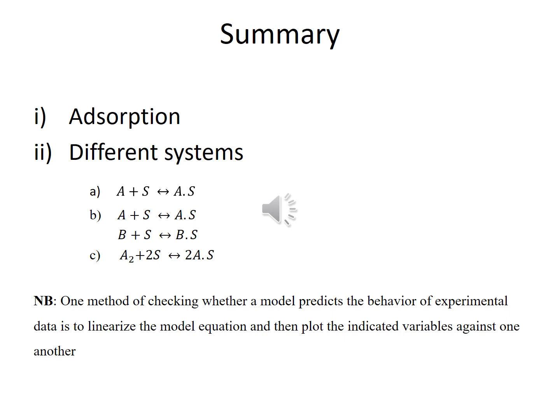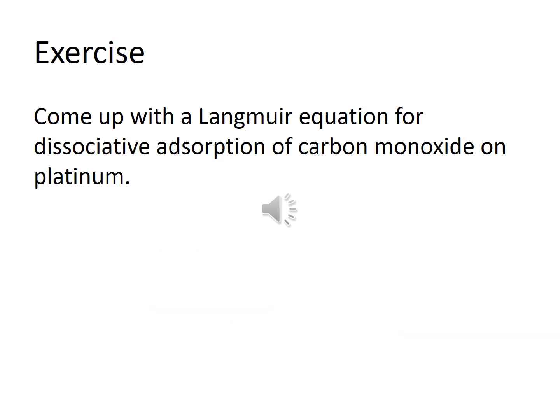And in summary, we have just covered adsorption using Langmuir isotherms, or equilibrium theorem, and these are the different systems that we looked at. For exercise purposes, come up with the Langmuir equation for dissociative adsorption of carbon monoxide on platinum.